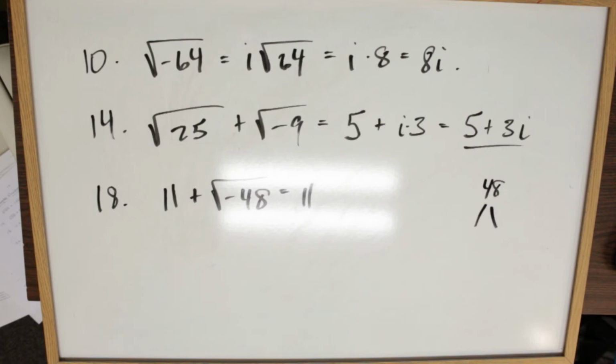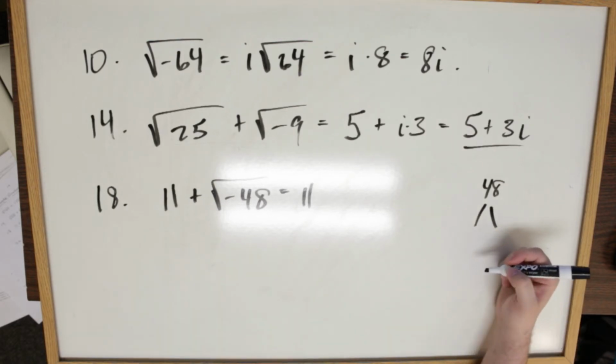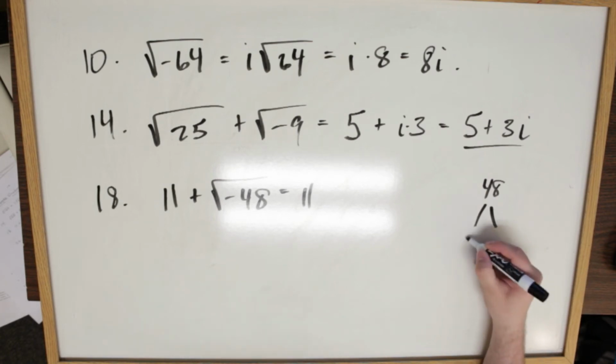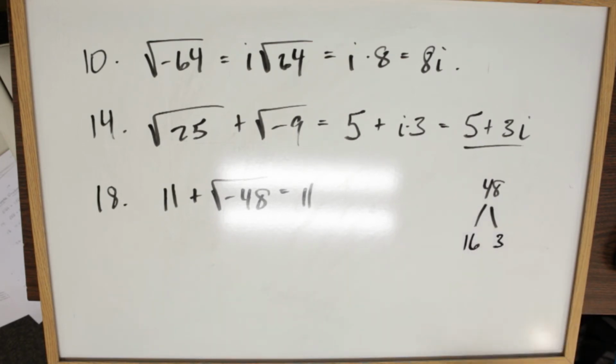Probably we could do 16 and 3. Yeah, 16 and 3. 8 and 6, right? 4 and 12. Okay. 2 and 24. Okay.